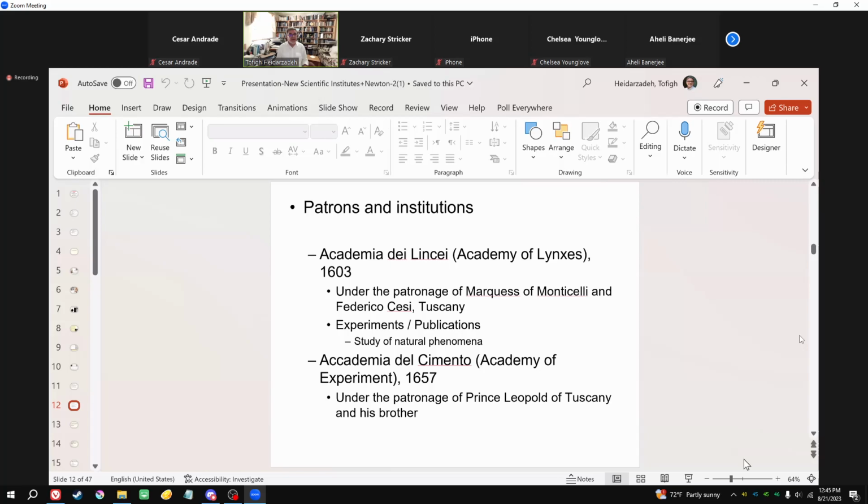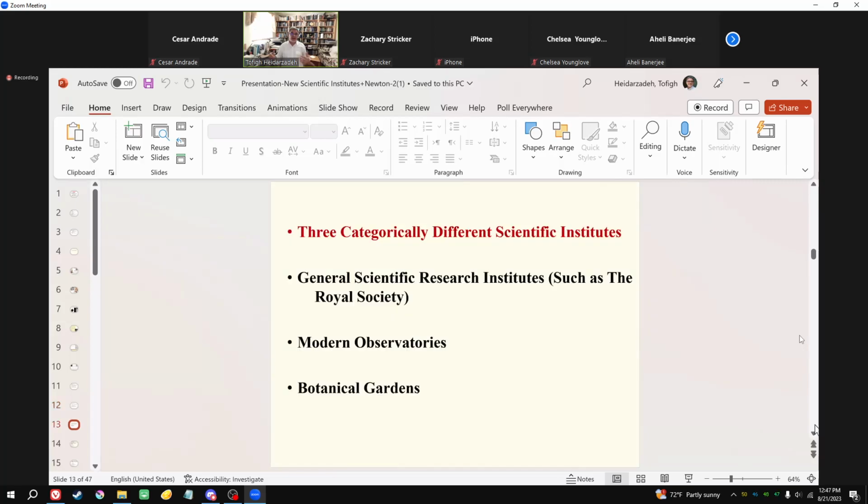One major scientific institute covering all sciences, mostly physical and experimental sciences, or what they called physico-mathematical experiments: how to do experiments and find out about the mathematics behind natural phenomena.